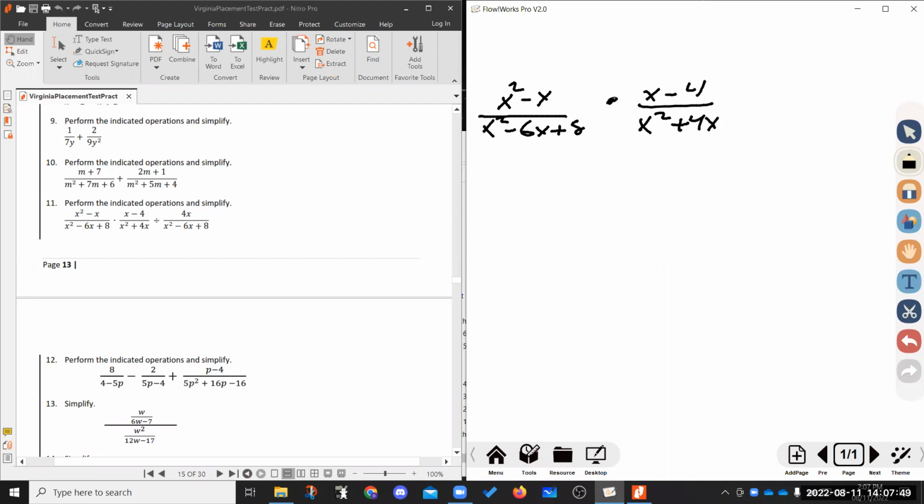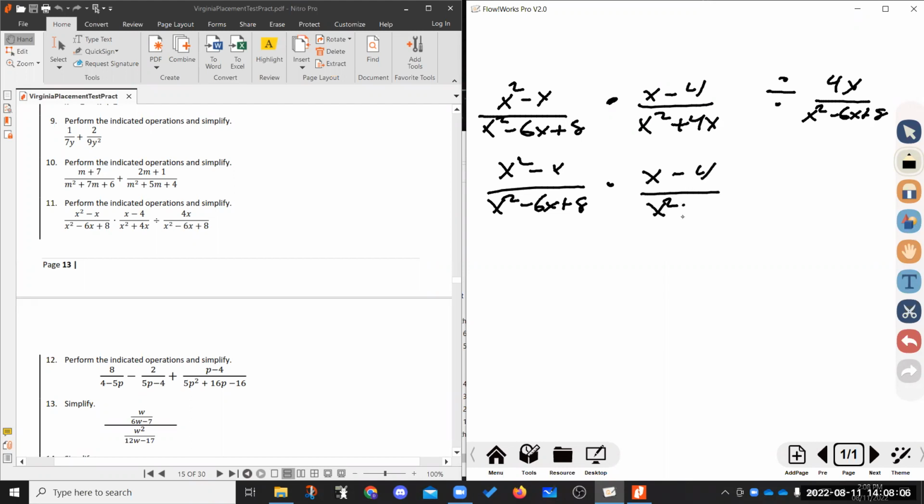We're going to change this division here in a second to multiplication before I start factoring, times x squared minus 6x plus 8 over 4x.